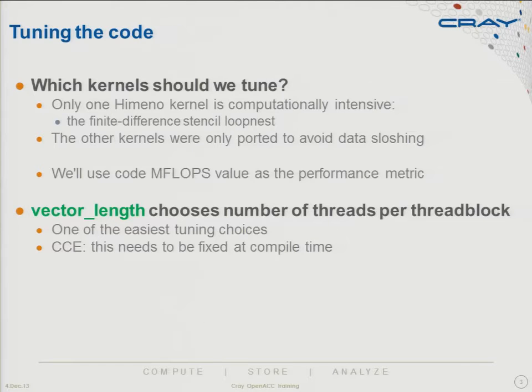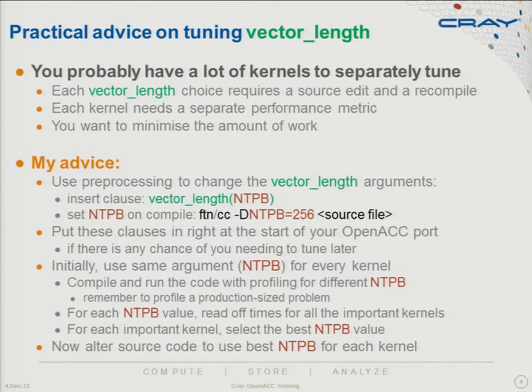So, the other kernels were ported to avoid too much data transfer, not because they needed GPU performance levels. So the first thing you can do is to choose the number of threads per thread block. It's one of the easiest choices. So you use the vector length clause.